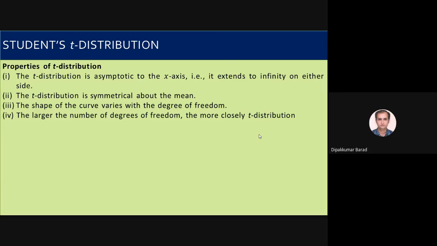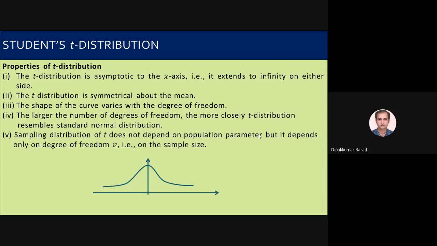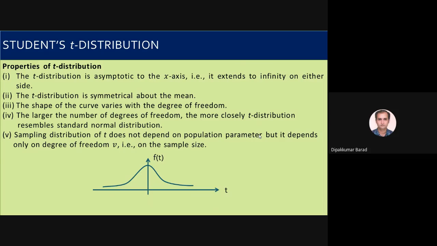The larger the degrees of freedom, the more closely the t distribution resembles the standard normal distribution. The sampling distribution of t does not depend on the population parameters but only on the degrees of freedom v, that is, on the sample size. This is the graph of the distribution, f of t against t, a bell-shaped curve with the mean on the x-axis, extending to infinity on both sides.